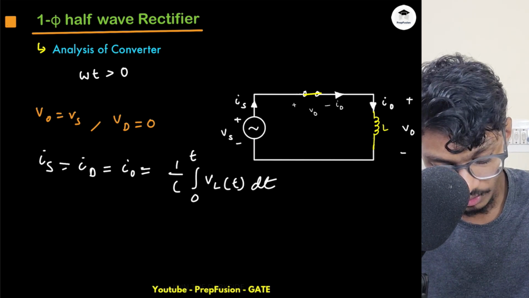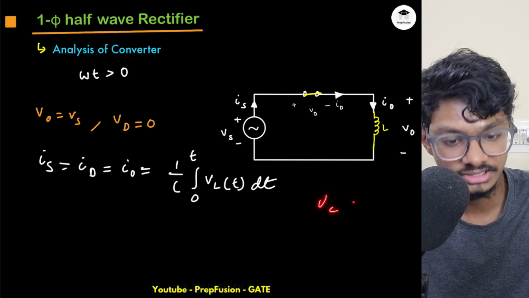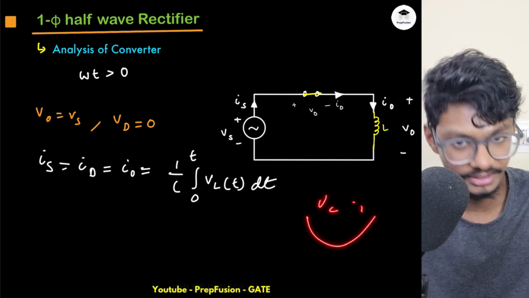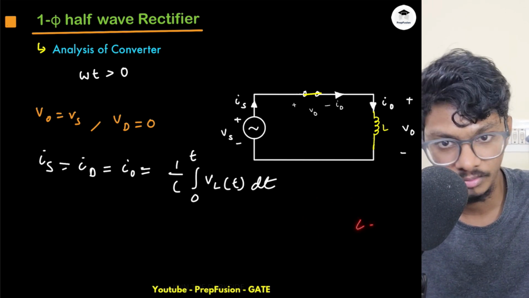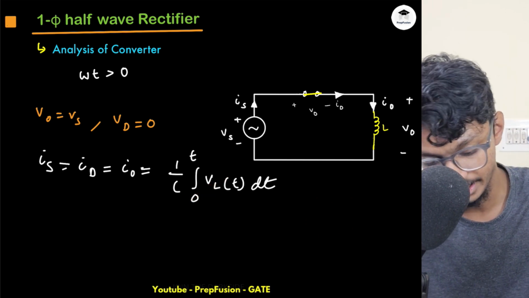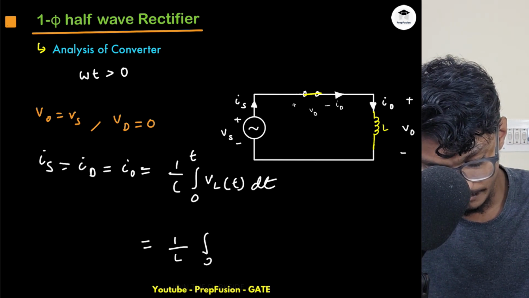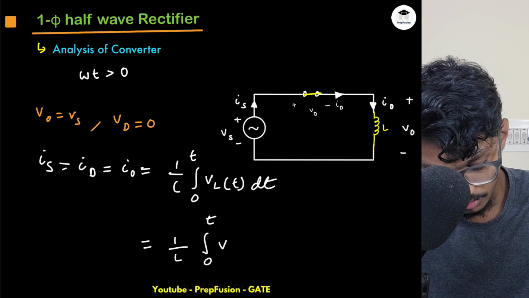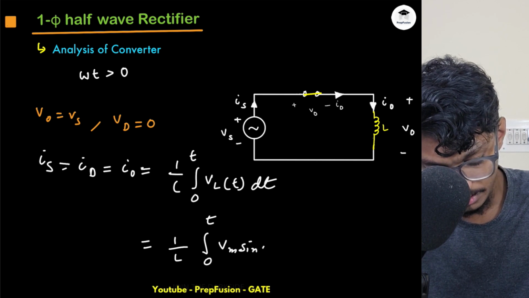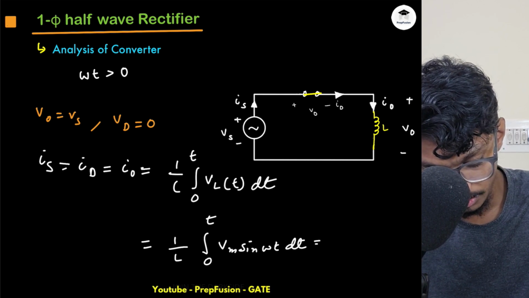I know that my VL is equal to L di by dt. If I integrate on both sides and divide by L, my IL will be this value. So I will replace this VL with VS. So this will be 1 by L, integral from 0 to t of Vm sine omega t dt.